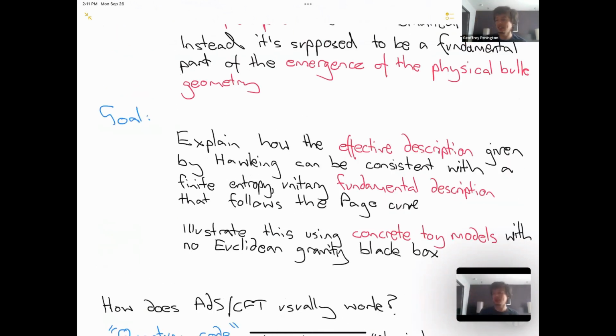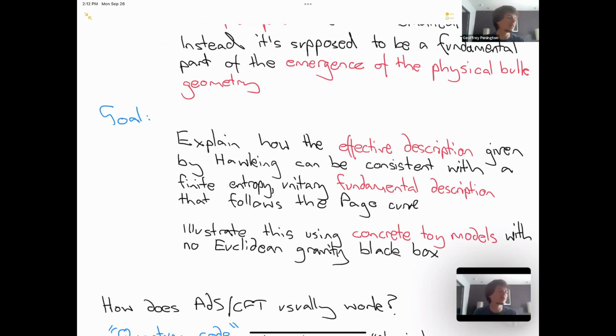And so that's what I'm going to do in this talk. I'm going to try to understand how Hawking's effective field theory calculation can be consistent with a fundamental description that has a finite entropy given by the Bekenstein-Hawking entropy, and that is unitary and follows the Page curve and so on. And just how to reconcile those things, see what we have to give up compared to our usual ways of thinking about effective field theory and what we're able to keep. And in particular, I just want to illustrate this with really concrete toy models.